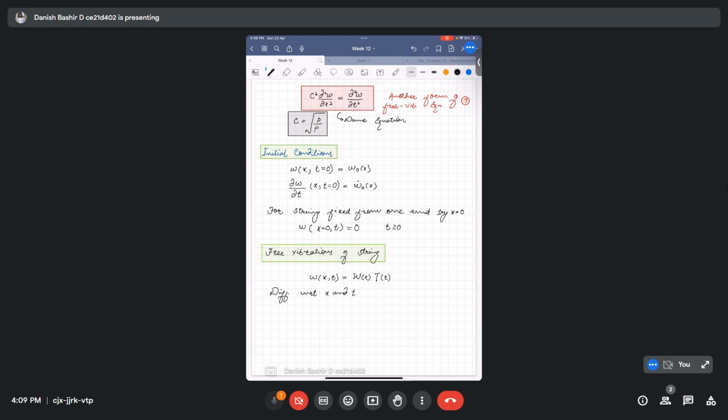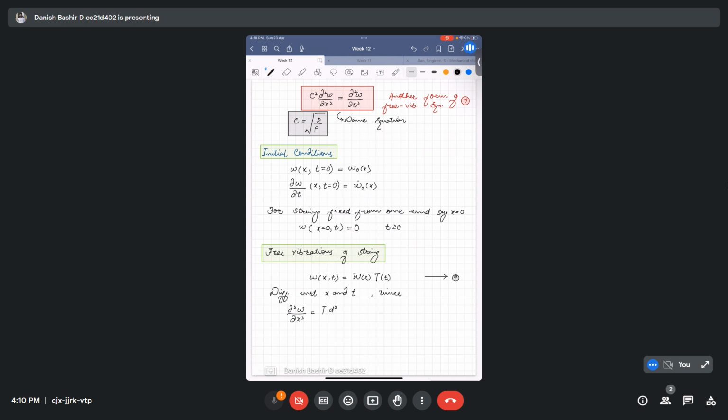This will be equation 8. So ∂²w/∂x² will be equal to T times d²w/dx², since T will be constant, and it will be d, not ∂, because it's not a partial derivative anymore; w is totally dependent upon x.